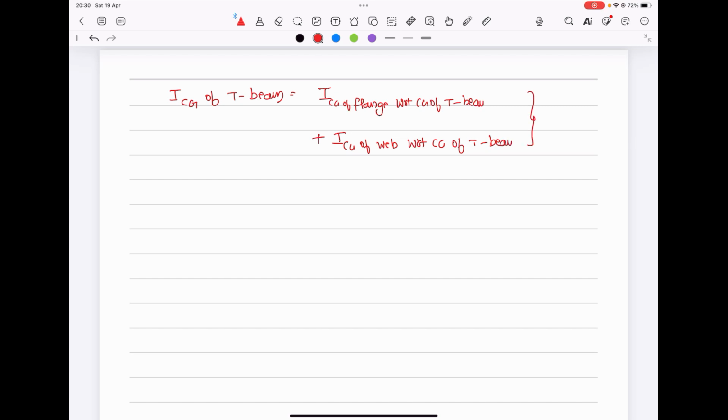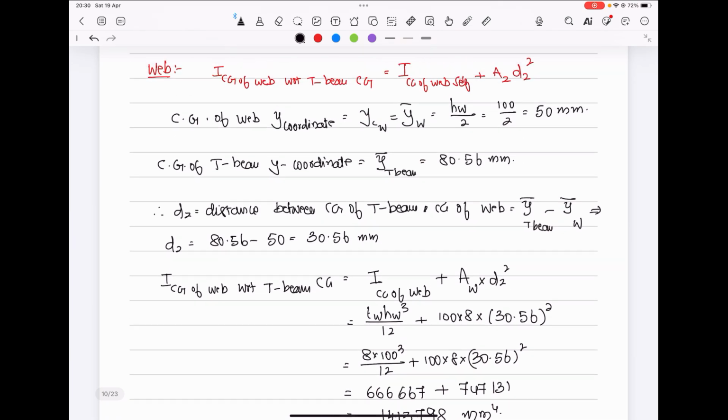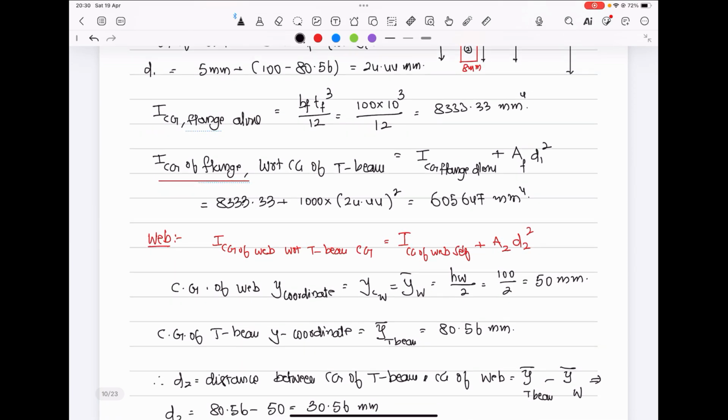The sum of these two will be the total. This implies, what is ICG of flange with respect to CG of T-beam?